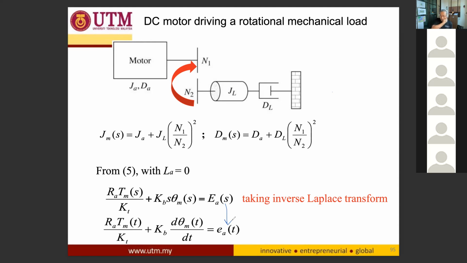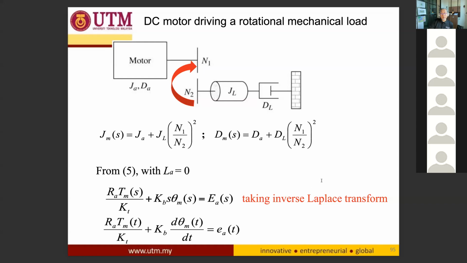Yes, Prof. From s to t, what tools do we use? Inverse Laplace transform. From t to s, Laplace transform. Okay, good. Very good.